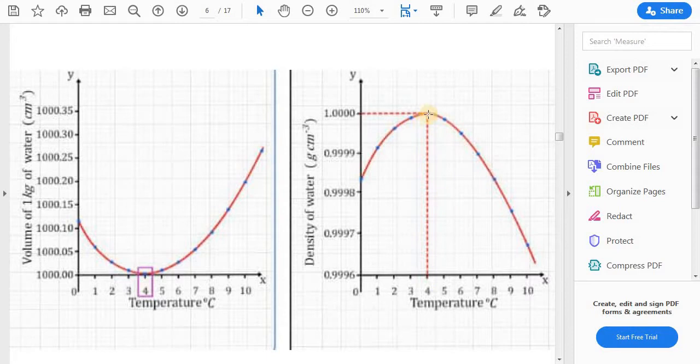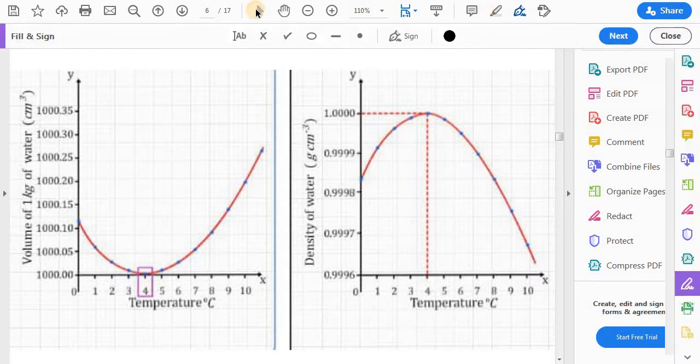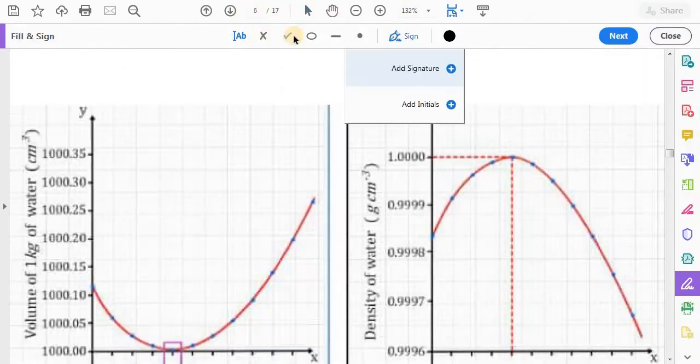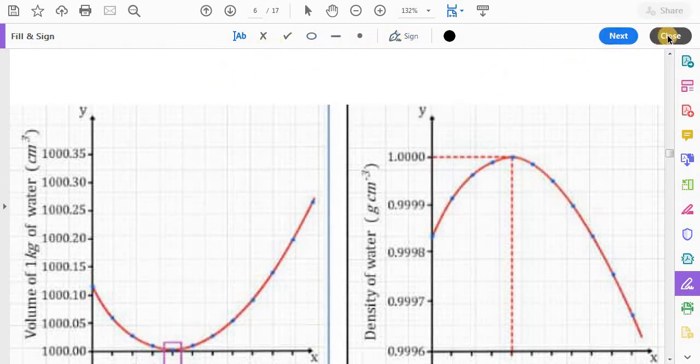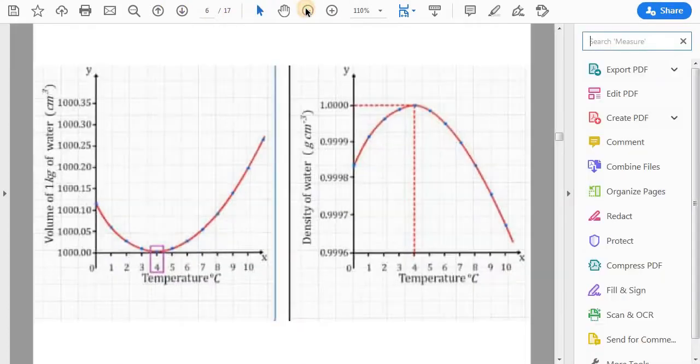You see the relation between mass per unit volume.